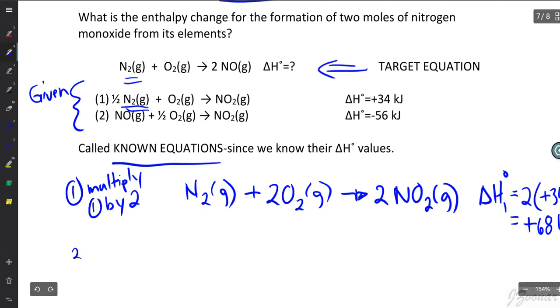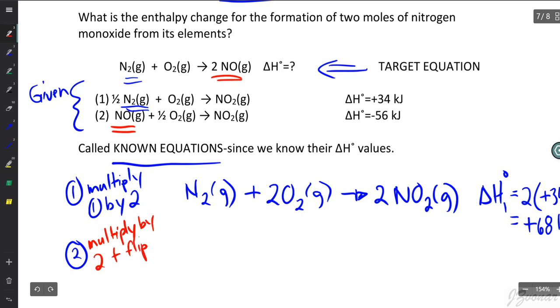Looking at equation 2, again we see that the substance in my target equation is the NO. We notice that it's not on the right side, so we're going to need to flip it as well. You'll notice that the coefficient is not the same, so for the second equation we also need to multiply by 2 and flip it.